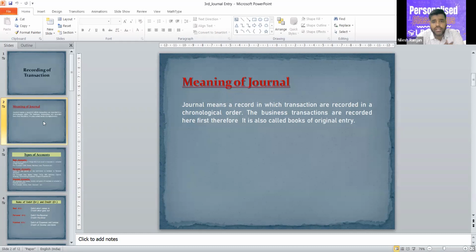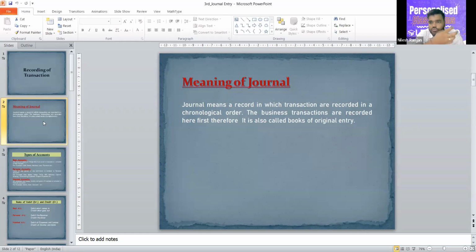You can also add a line that we record transactions on a daily basis. In small businesses, we can include that line in the definition. But in small businesses, we often record transactions on a weekly basis because there are not many transactions.